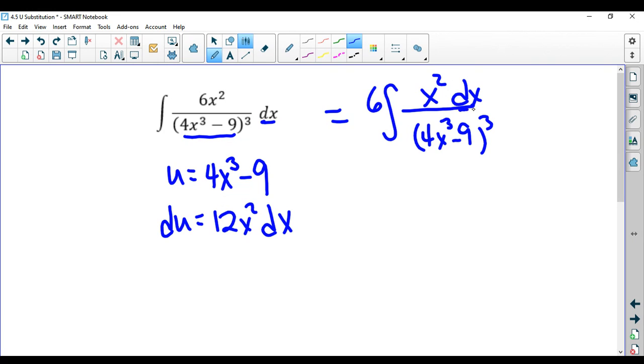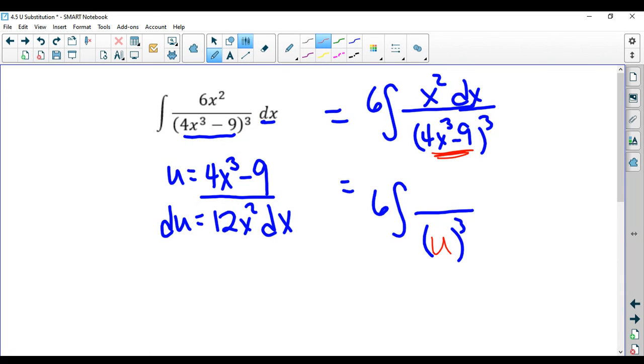Now when I look at my substitutions, the first thing I see is my u, which is 4x cubed minus 9. So that's u.